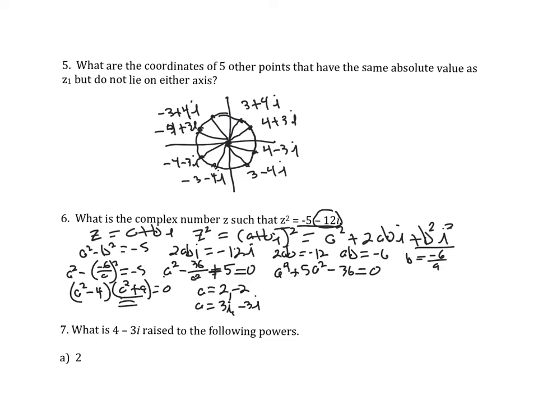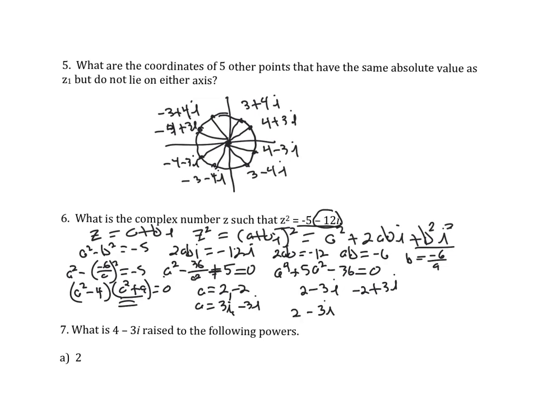Okay, so that means our complex number, and we have a variety of them, is either going to be A is equal to 2 and B is equal to -6 over A, so that would give us 2 minus 3I, or we could have -2 and positive 3I, or if A is equal to 3I, that's actually going to make it the imaginary portion, and if we take B is equal to -6 over 3I, that's going to give us -2 over I, and that's going to end up giving us a value here of positive 2.